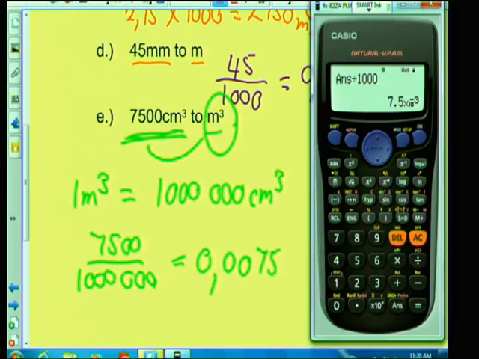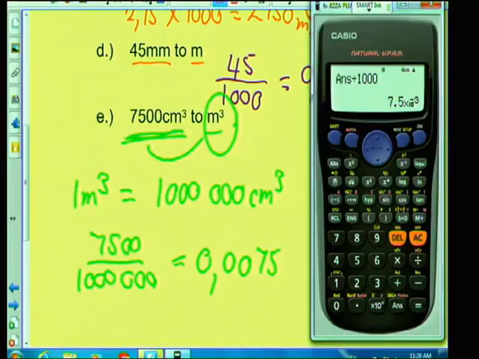If you aren't familiar with scientific notation, which isn't part of the curriculum, if you get an answer like that, just think that times 10 to the minus 3 is the third decimal place. Okay, so the 7 must be in the third decimal place, and then the 5 comes after it. Okay, please revise that. If you're using a scientific calculator and you do get an answer like that, it's sometimes a little bit disturbing.